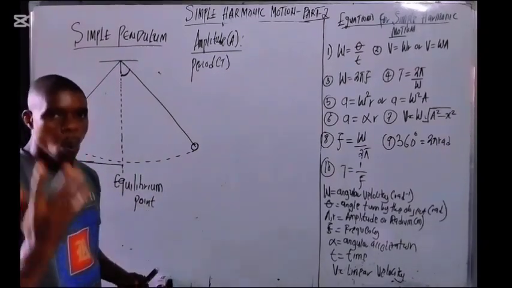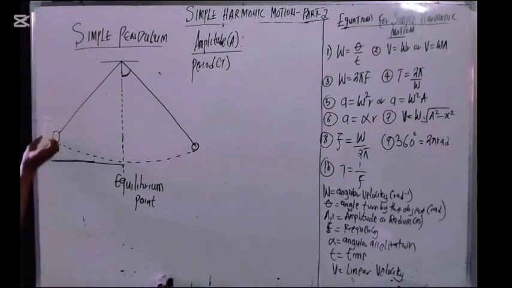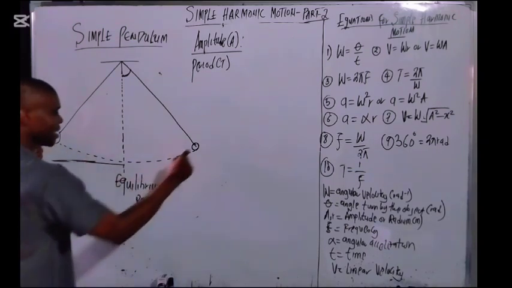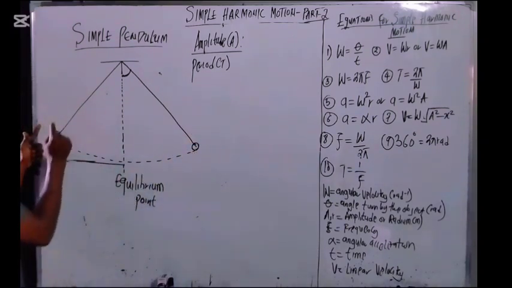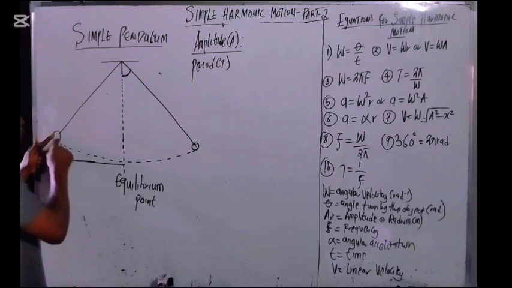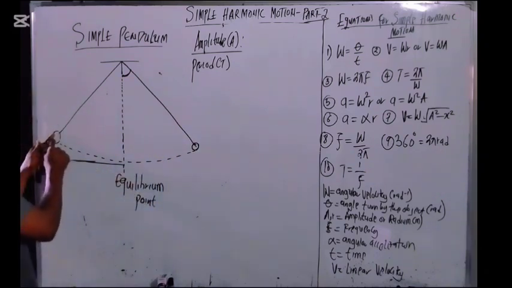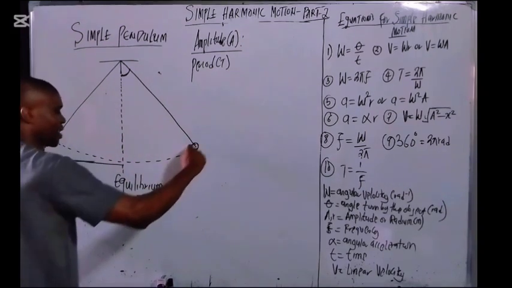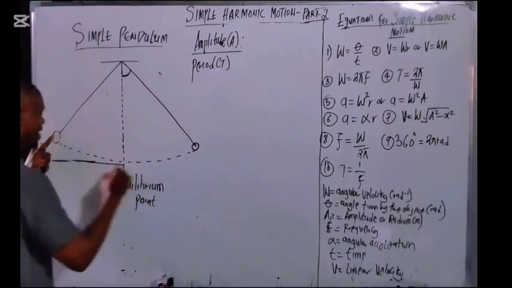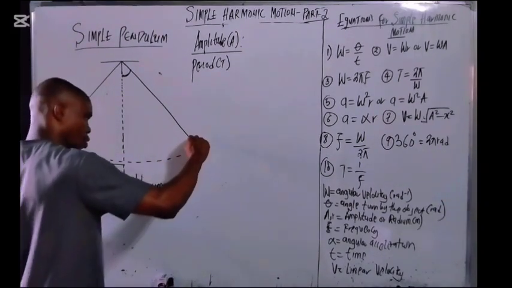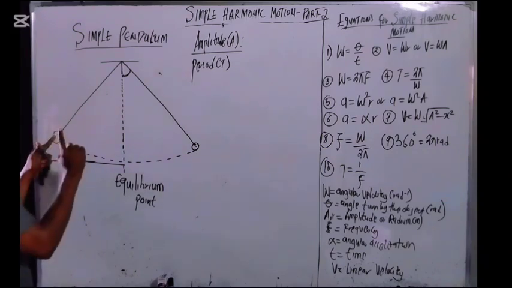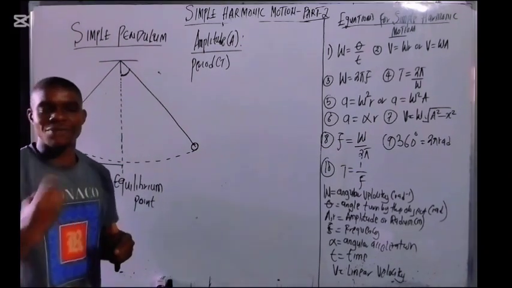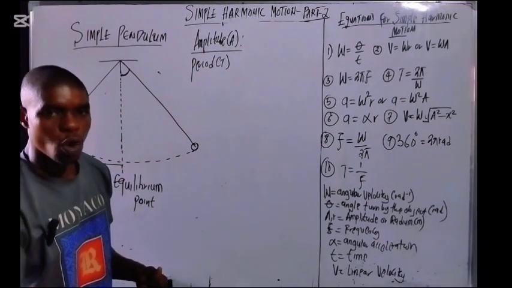Let's say we displace the object here. If you release it, it will move down and then move to the other side. The time taken for it to move from here and back is called the period, one complete oscillation or cycle.